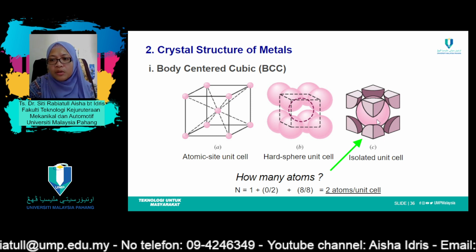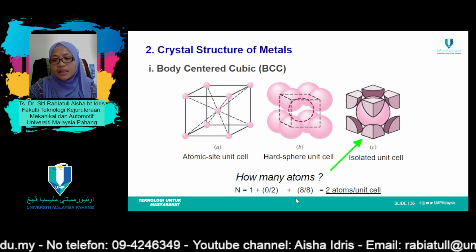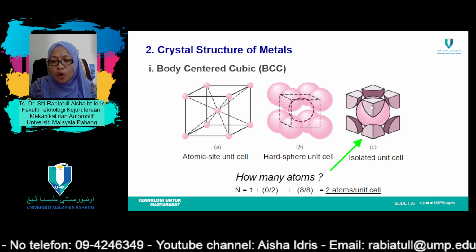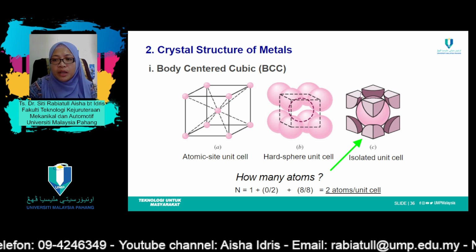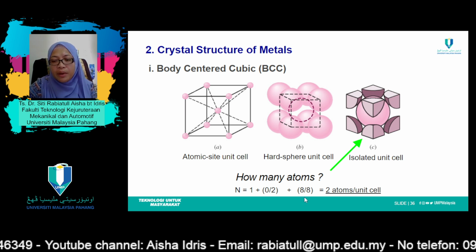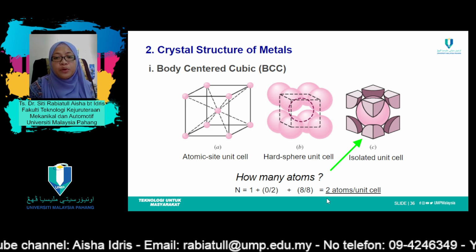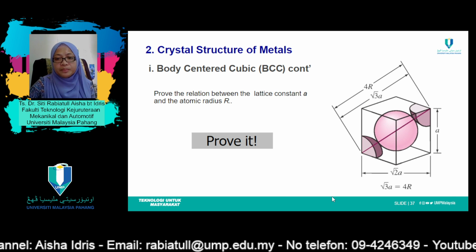There are no atoms there, so 0 divided by 2, plus corner atoms. Yes, there are corner atoms, 1, 2, 3, 4, 5, 6, 7, 8 at the back, divided by 8, and altogether equals 2 atoms per unit cell for BCC.